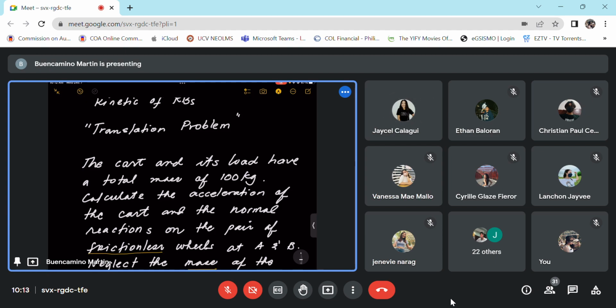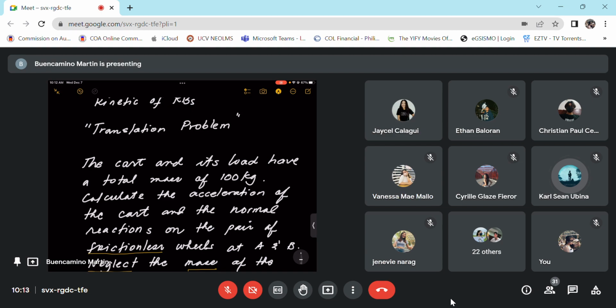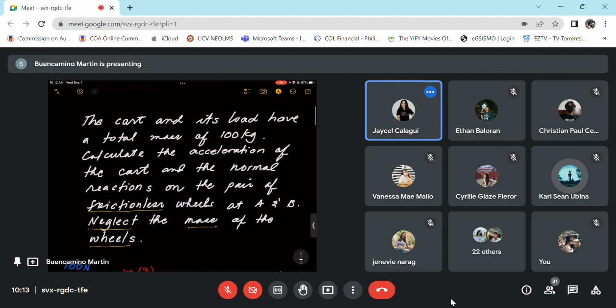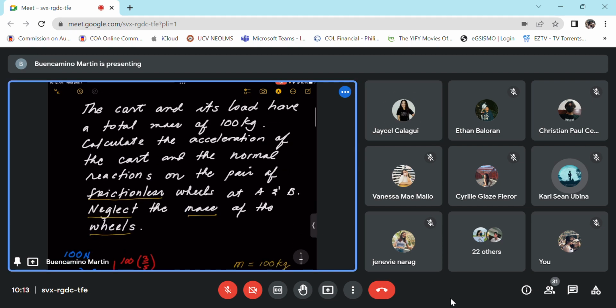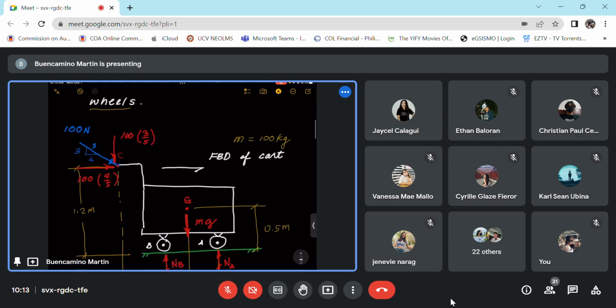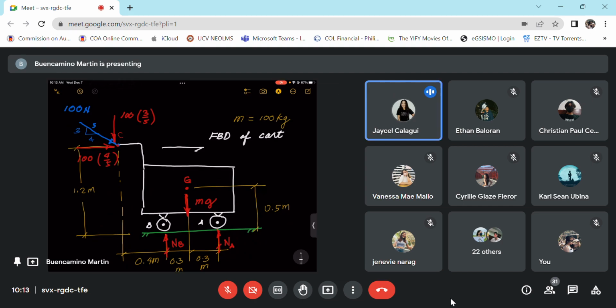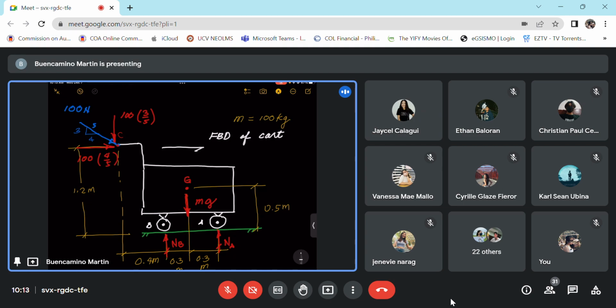Okay na? Next na, sir. Should I raise it? Okay. Build it. Next na, sir. The free body diagram. Next na po. Okay na? Yes, sir.